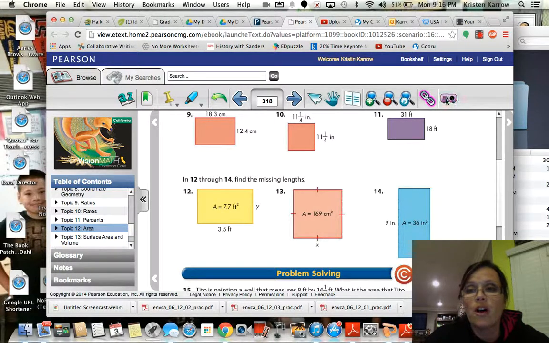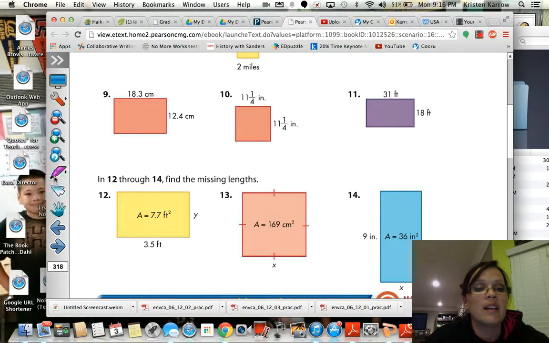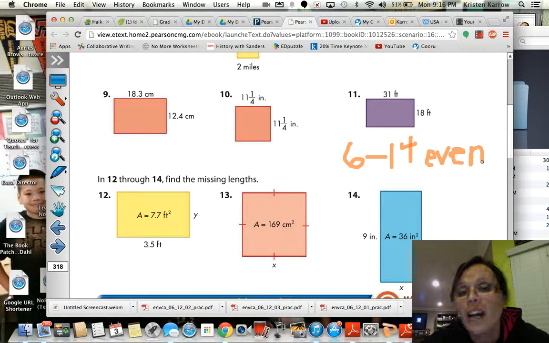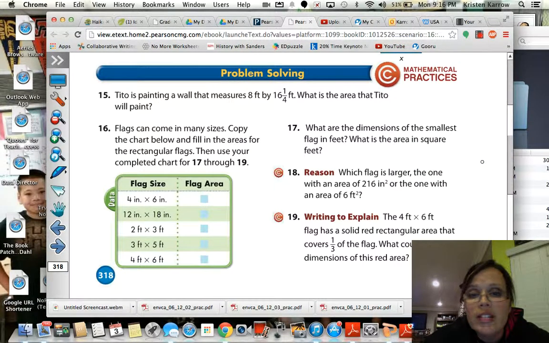So your job is to complete numbers 6 through 14 even, and then find a partner and check your answers. If you have all the right answers, you can move on in the guru. If you and your partner have two separate answers, figure out why your answers are different and who can correct their answers.